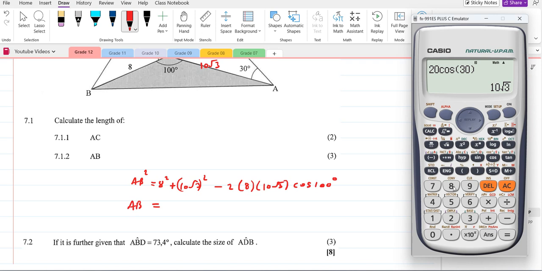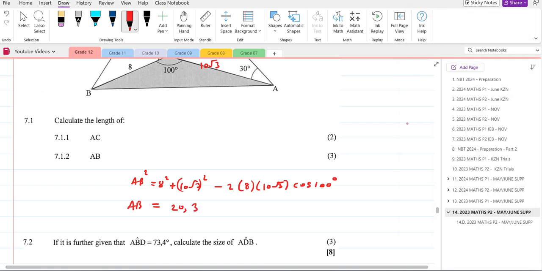So 8 squared plus 10 root 3 squared minus 2 into 8 into 10 root 3, close bracket, cos 100. I've got an answer of 412.12, and the square root of the answer, I've got 20.3. So I know this is 20.3 units.